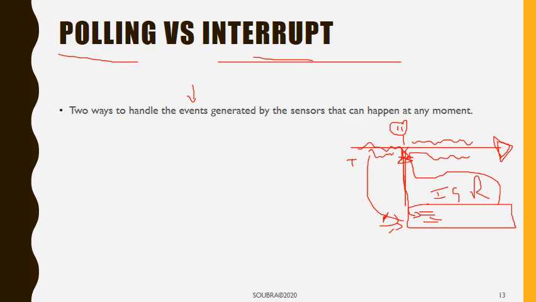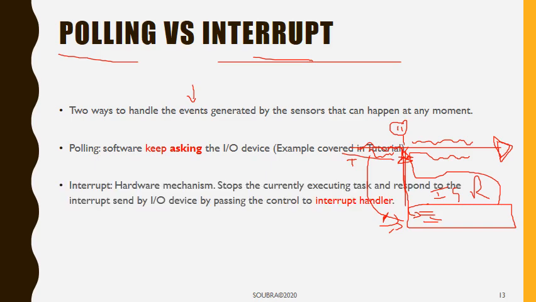Which one is better? So I said polling is keep asking, and you're going to talk about it more in the tutorial. This is a listener, and the interrupt is stop the execution, go deal with it, and then resume whatever execution you had before.